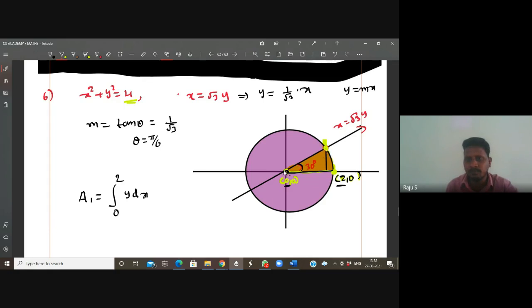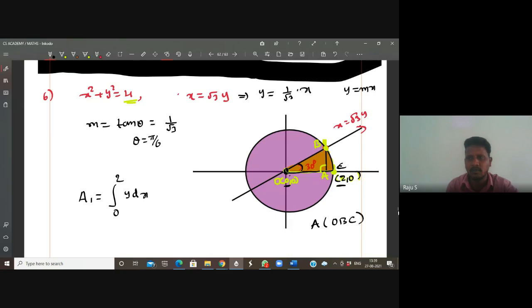Clearly this is a right angle triangle. Let us take this is O, this is A, this is B, and the point 2, 0 as C. We want the area, capital A, of OBC. Area of OBC can be written as OAB plus BAC.